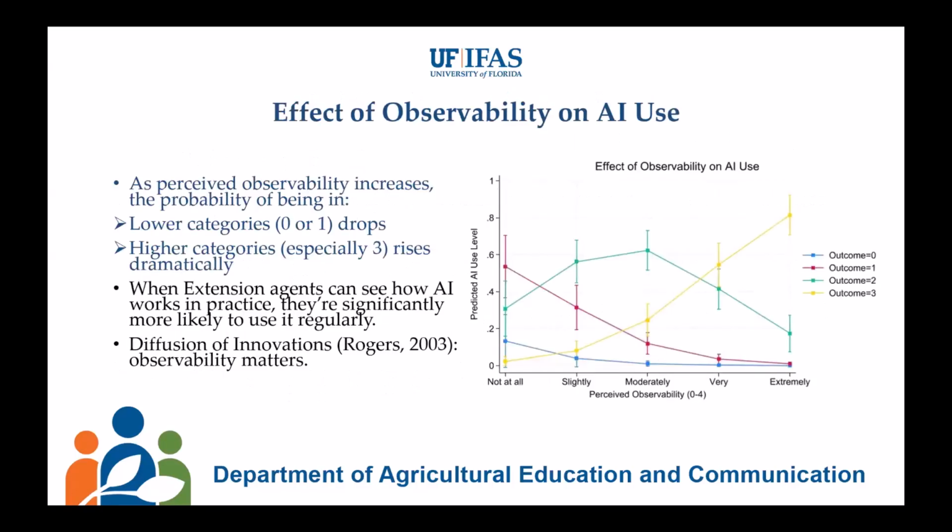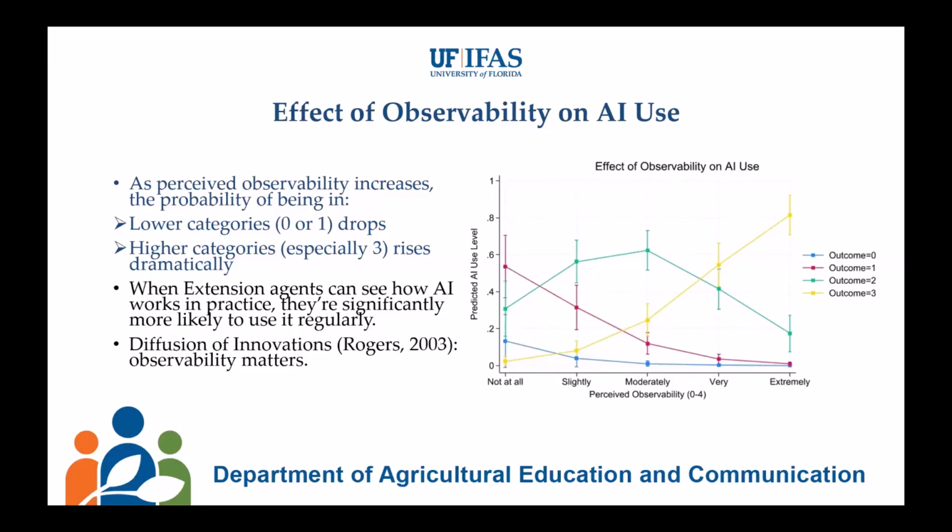So the first result is that if the extension agent can see the benefits as observable within their network, they're very likely to adopt AI. The x-axis is observability, how often they see others using AI.